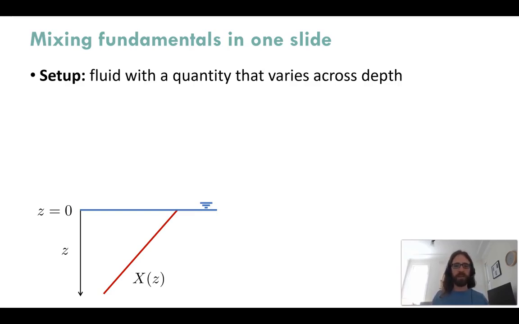So with all of that in mind, what I'm going to do now is summarize the fundamentals of mixing in a single slide such that it provides us a basis moving forward. So what we have is a fluid with a quantity in it that is varying in one direction. In this particular case, we're using the depth below the surface Z. And this quantity is some general representation X that can represent anything from temperature to concentration.